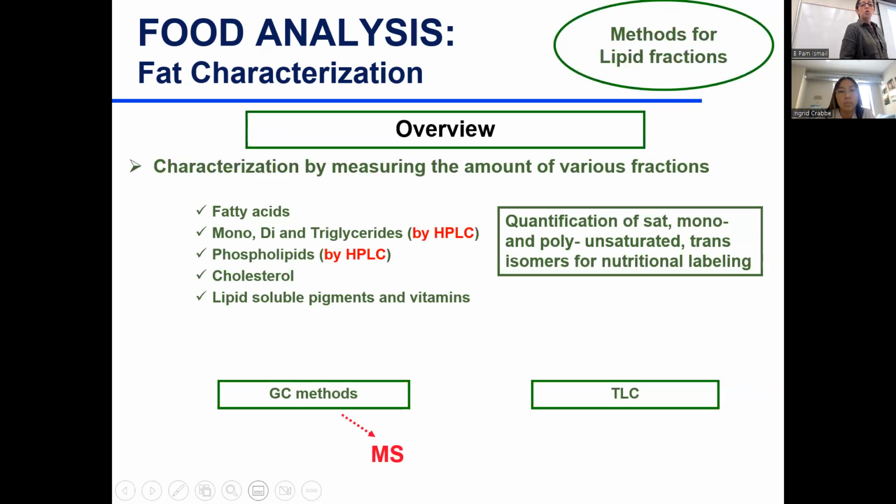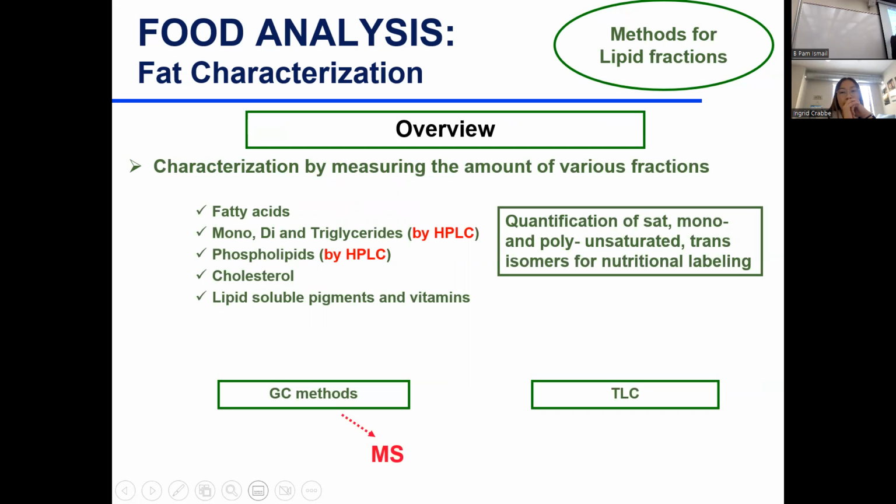All right, so the next one here I want to talk about is the characterization of the different components. So finding fatty acid composition, and then calculating unsaturated versus saturated fatty acid. Determining mono, di, and triglycerides and phospholipids. These are usually done using HPLC methods.